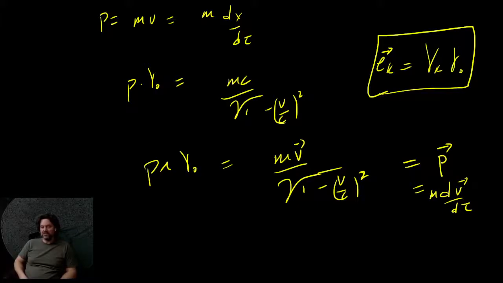We now see that in space-time algebra, if we want to represent the spatial component of something, we wedge with gamma naught to get the spatial component with respect to the rest frame of a stationary observer in that frame.